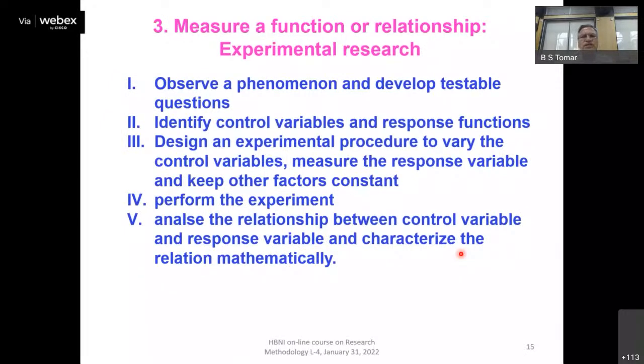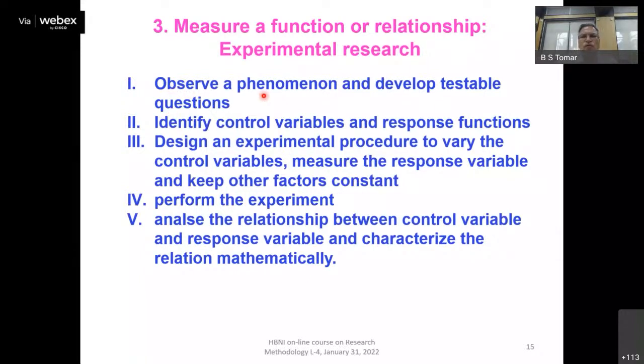Another type of research is measurement of a function or relationship, experimental research. It could have some overlap with hypothesis based research because cause and effect can happen, but I thought it is also categorized as a different type of research. It may not necessarily have a hypothesis.